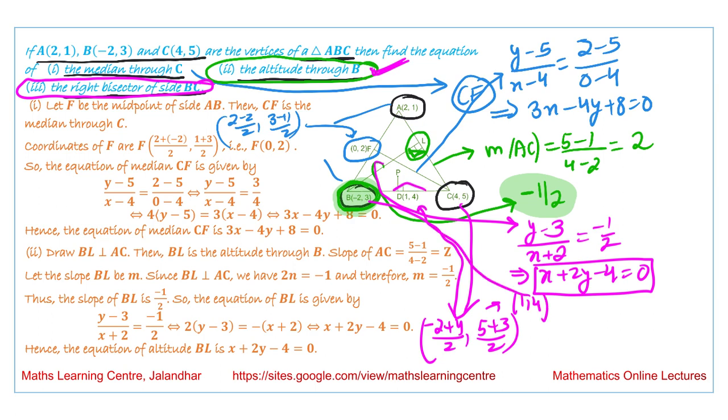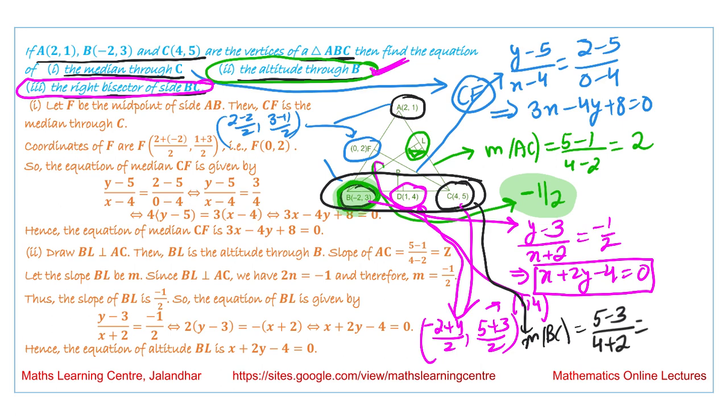This is the midpoint. If we calculate the slope of the line BC, it will be equal to (5 minus 3)/(4 plus 2), so the answer is 1 by 3.